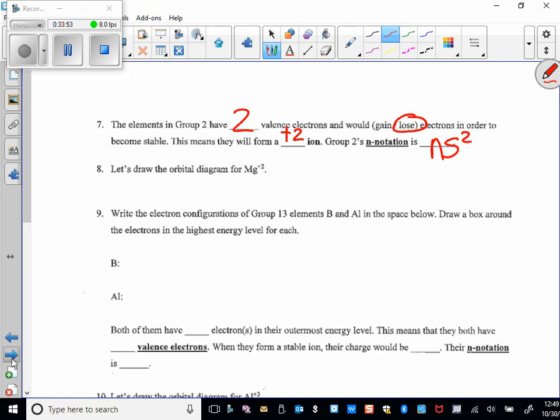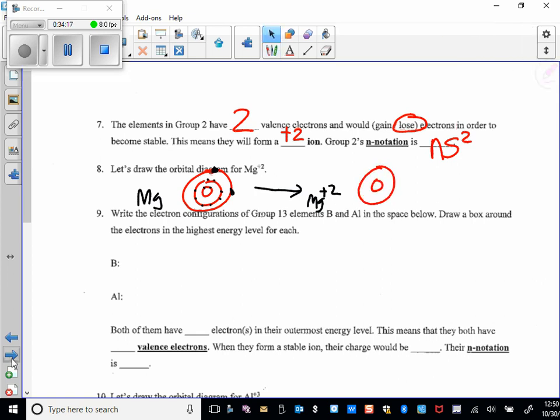So let's draw magnesium. Magnesium has 3 shells. That's 2. That's 1, 2, 3, 4, 5, 6, 7, 8. And there's 2 in the outermost. Is that right? But then when it becomes Mg2+, what does it look like? So that's just 2 circles now. Now that's 2 in the first and 8 in the second. Are we good?